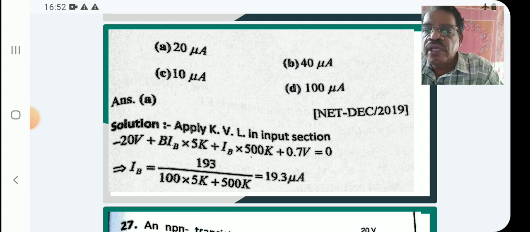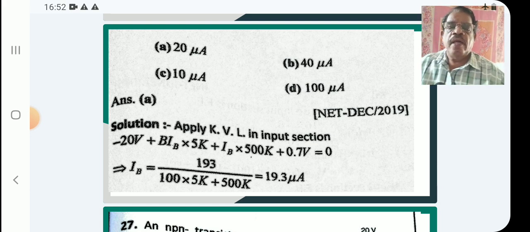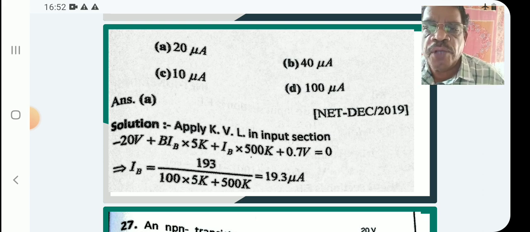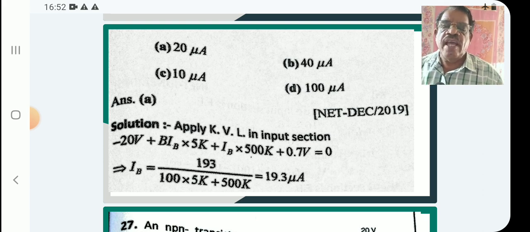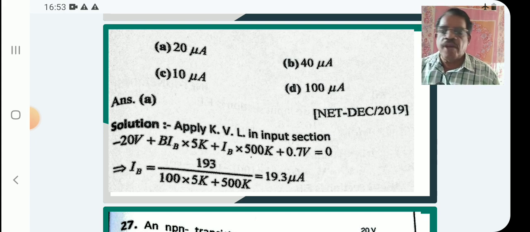Or you see the equation for the operating point, that is Q equal to VCE, IC. The relation for the operating point, you remember what IC is. Using that equation you can find IC, and you know beta is IC by IB, and from there you can calculate IB.